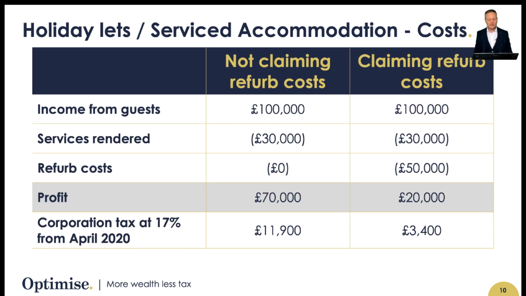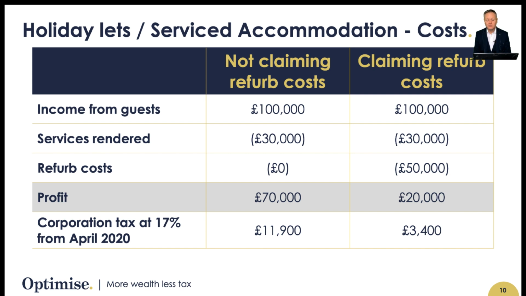So here's what I've got for you. This is not claiming refurb costs and claiming refurb costs. You'll see the rental income from guests is £100,000. The services rendered, so that could be your cleaning, or staff that you have for your holiday let service accommodation, are £30,000 on each.